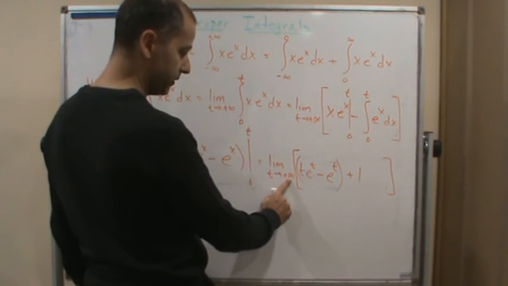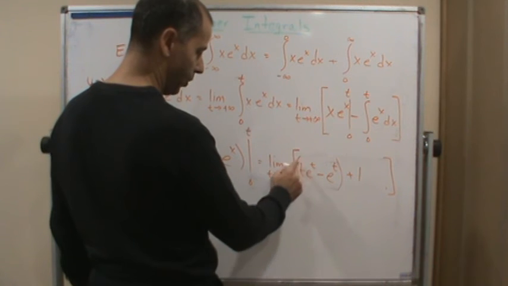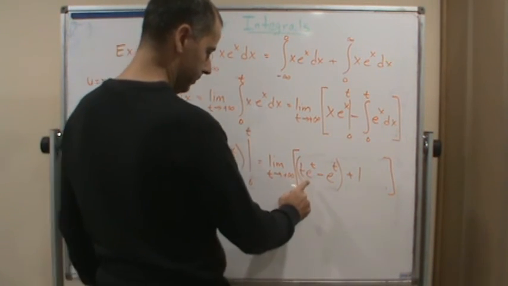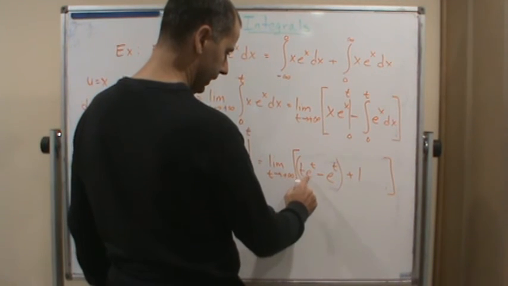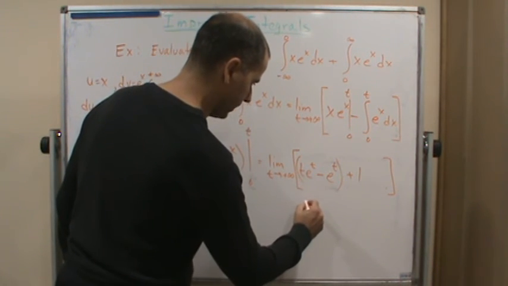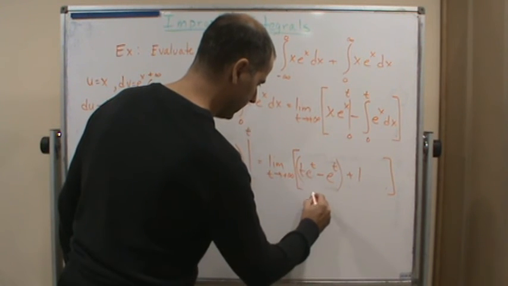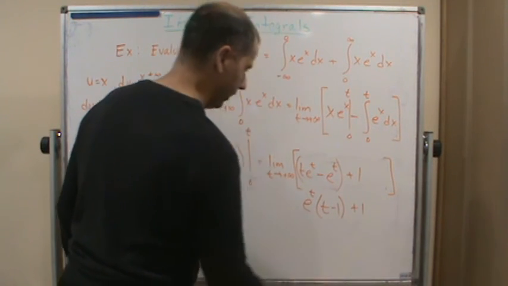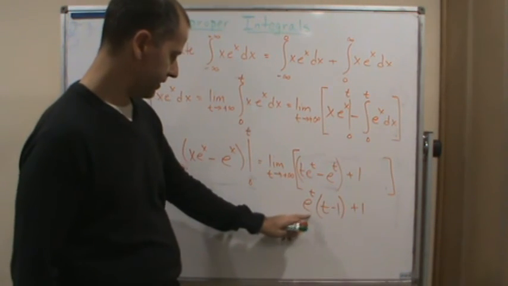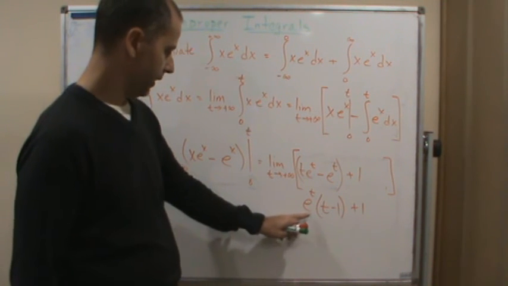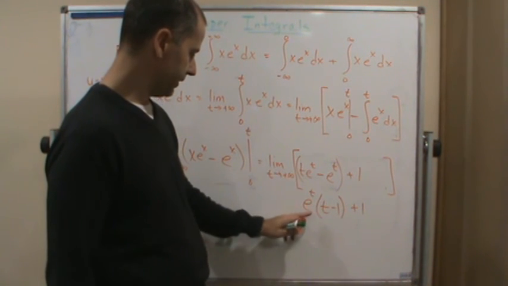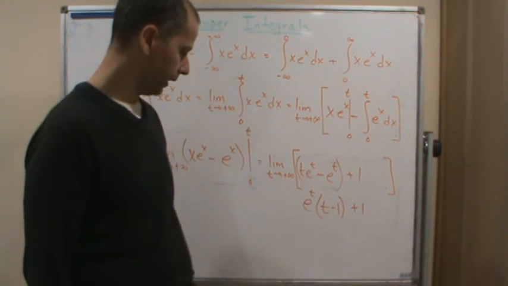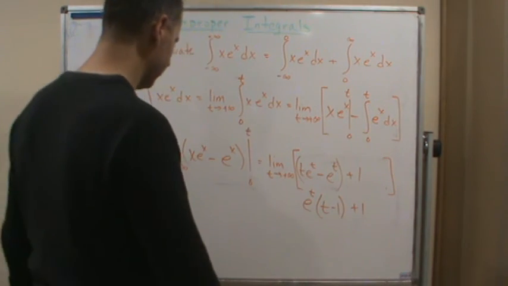This is going to positive infinity, so that means this whole thing is going to infinity. This can be rewritten as e to the t times t minus 1, plus 1. What's happening to this? Again, this is the controlling part of it. This is going to infinity, this is going to infinity, and infinity times infinity is still infinity. So this whole thing is going to infinity.